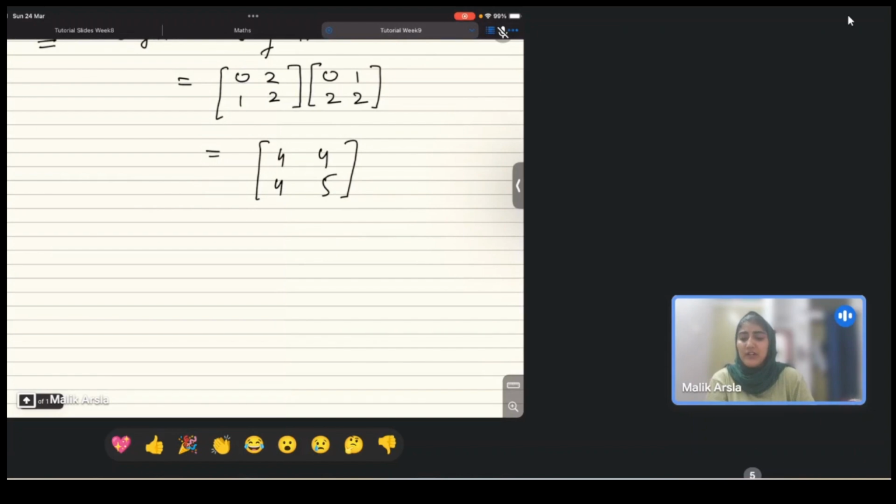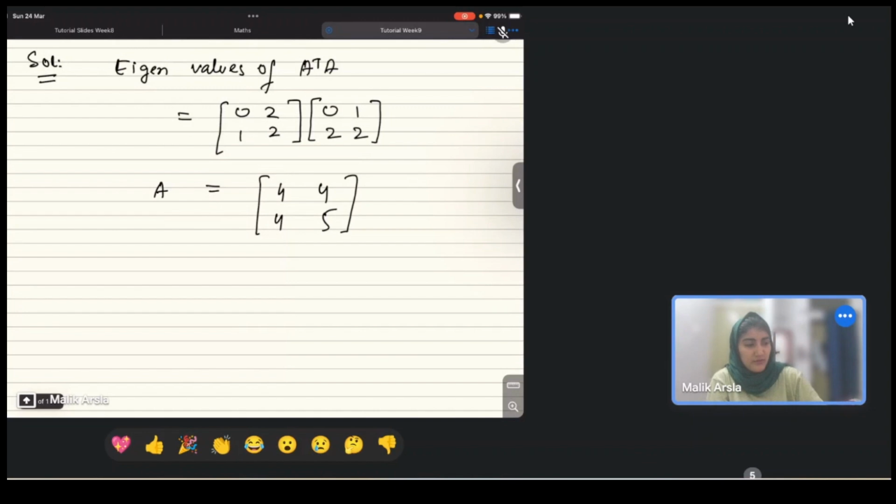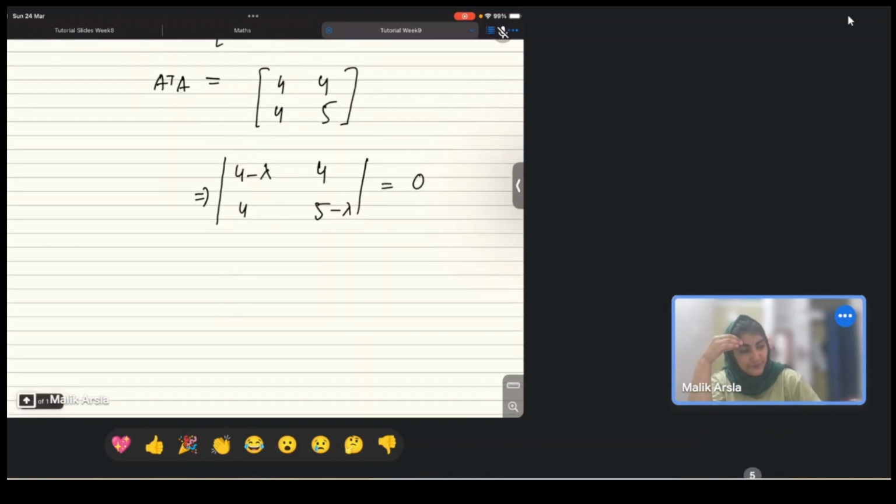Quickly tell me what eigenvalues you're getting for this matrix A transpose A. It will be 4 minus lambda, 4, 4 and 5 minus lambda, and the determinant will be equal to 0. 4 minus lambda into 5 minus lambda minus 16 is equal to 0.